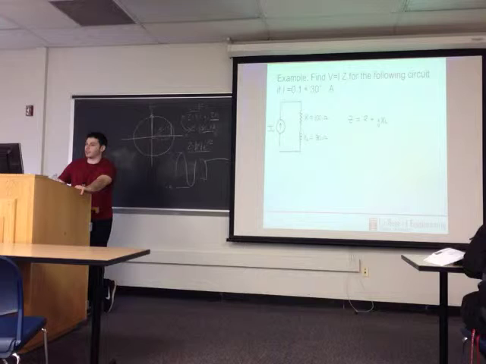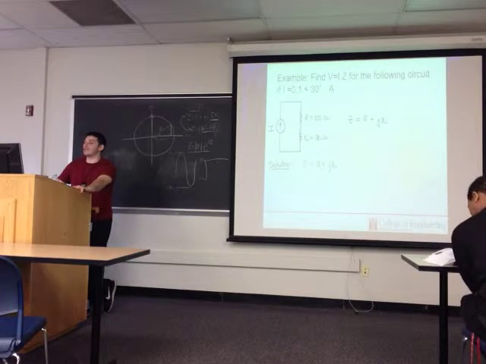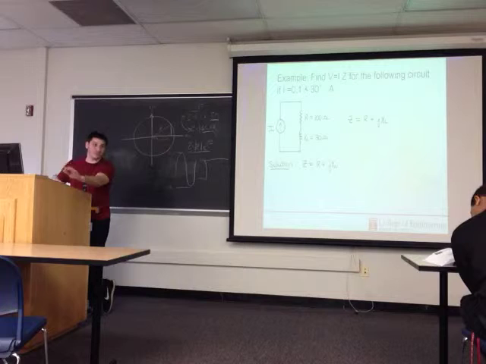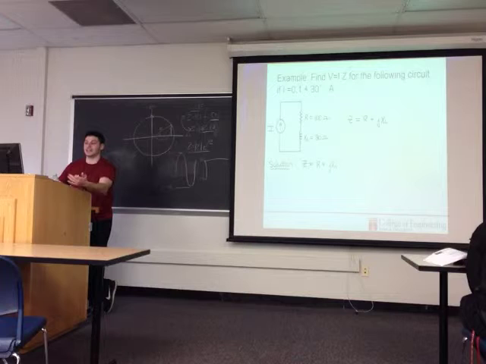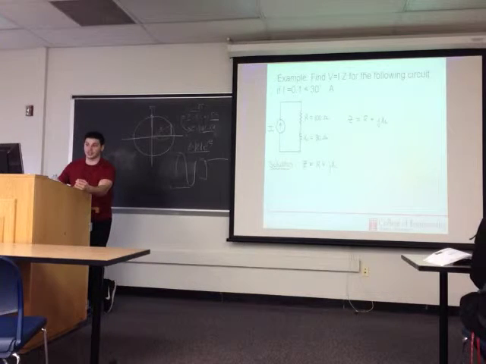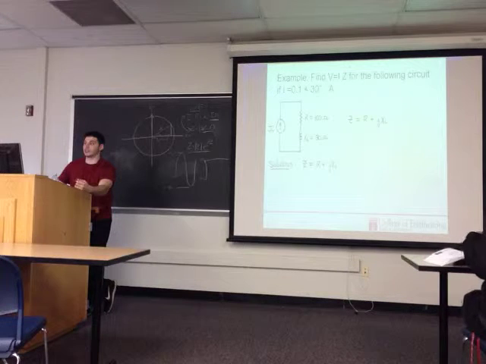No, I'm sorry, it's not 130, because we have a real portion and an imaginary portion. The real portion is the resistor value, the 100. The imaginary portion is the impedance across the inductor, which is the 30. So they stand on their own, by themselves.